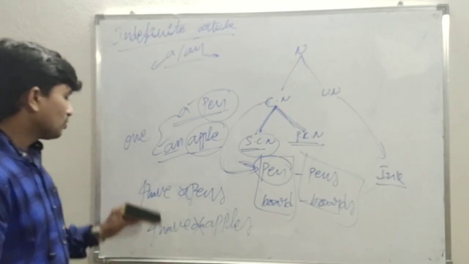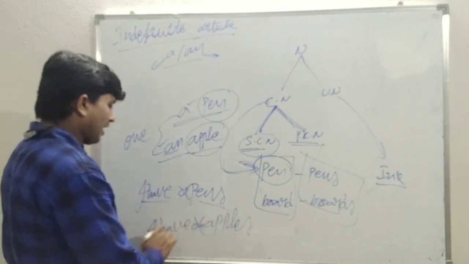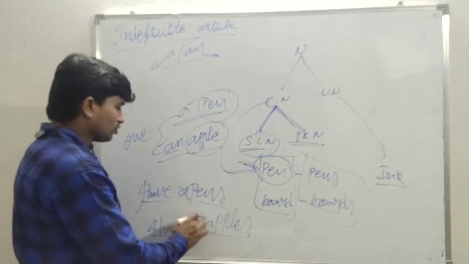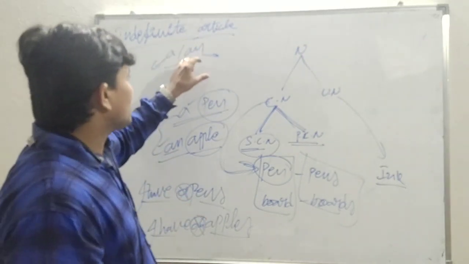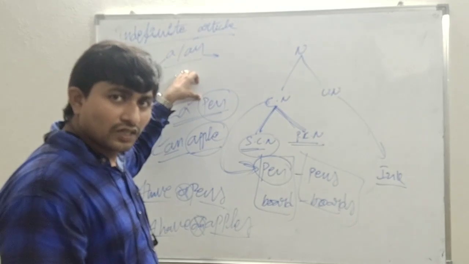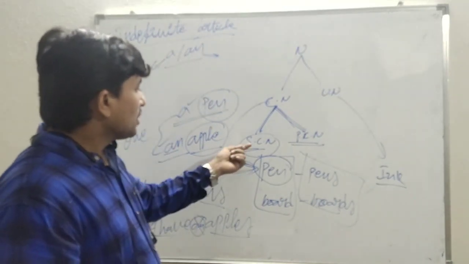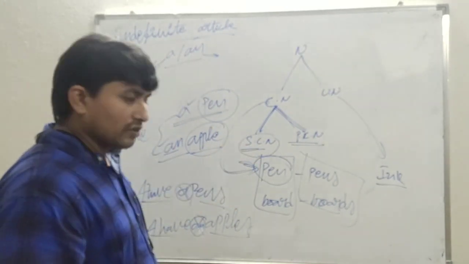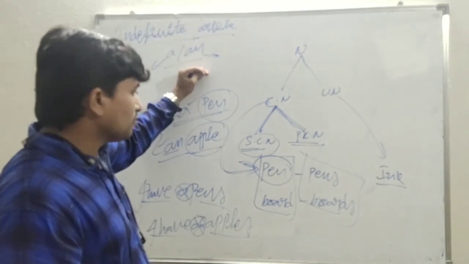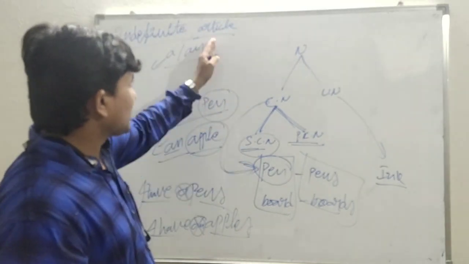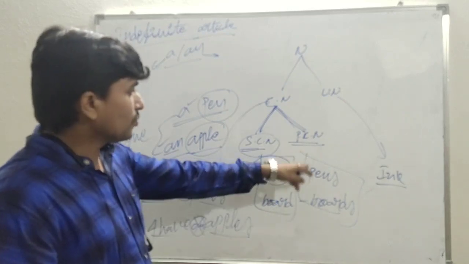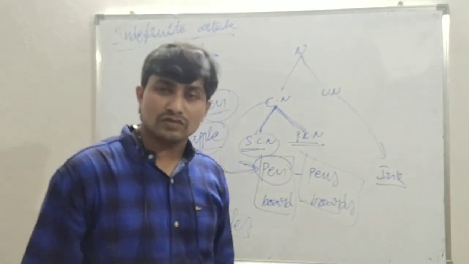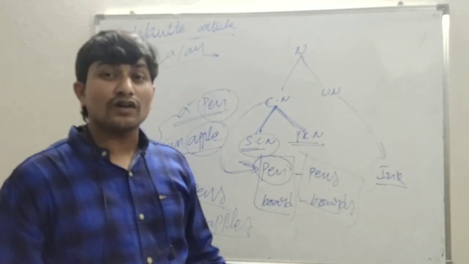Do you understand or not? So I have pens, I have apples. We are not supposed to use a or an. So what do you understand here? The indefinite article can be used, indeed must be used, in front of a singular countable noun. It cannot be used in front of plural countable nouns.